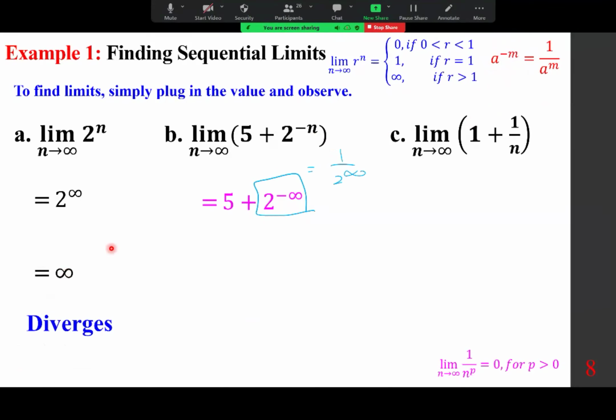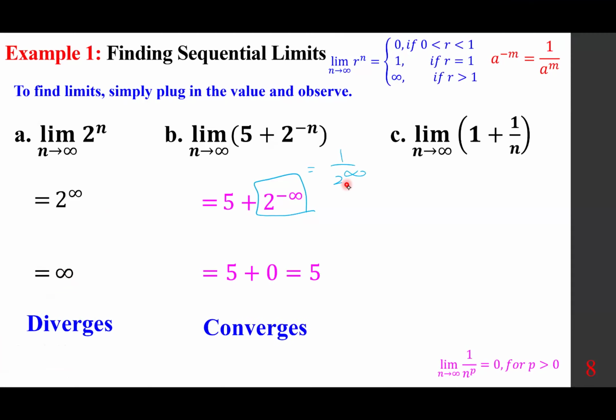Of course, 2 to the power of infinity is infinity. 1 divided by that becomes 0, because if you are dealing with a fraction, regardless of what the numerator is, if the denominator is huge, the fraction gets closer and closer to 0. So this is 0, and 5 plus 0 makes it 5. And again, it converges. It wasn't asked, but you can clearly see that.